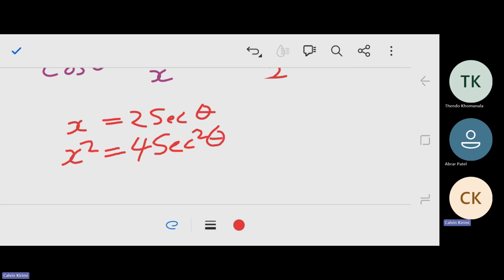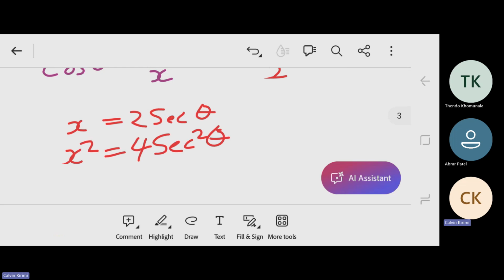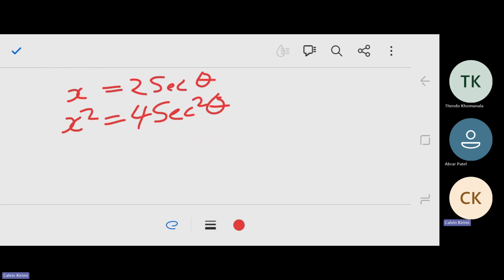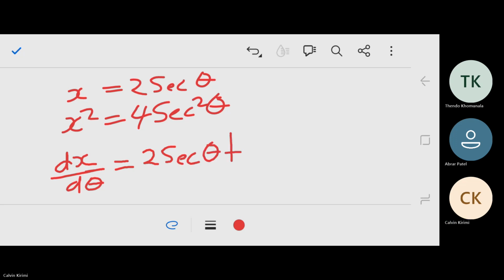What about dx? We are differentiating with respect to theta, so we must differentiate 2 secant theta. When you differentiate secant theta, what are you going to get? Secant theta tan theta. So the answer will be 2 secant theta tan theta.